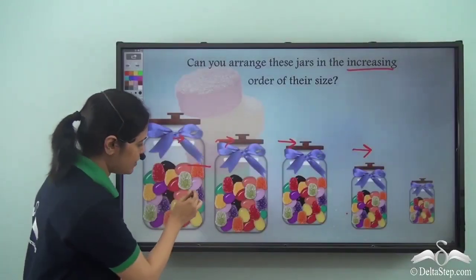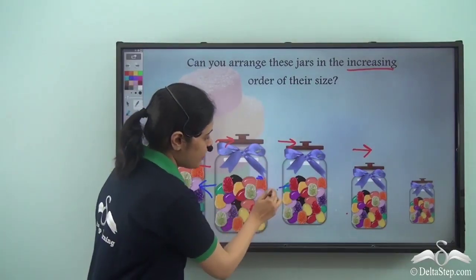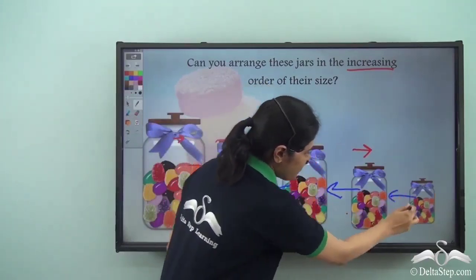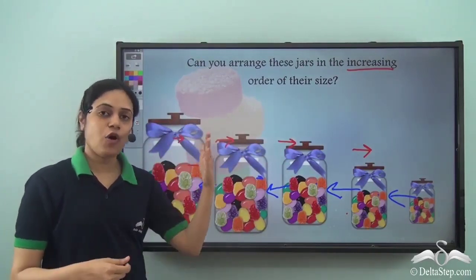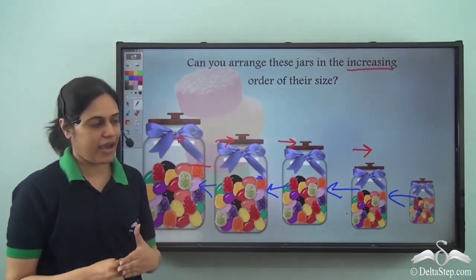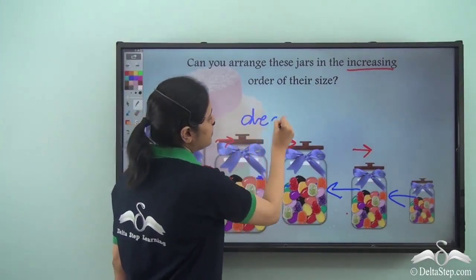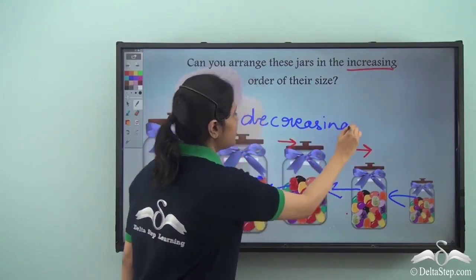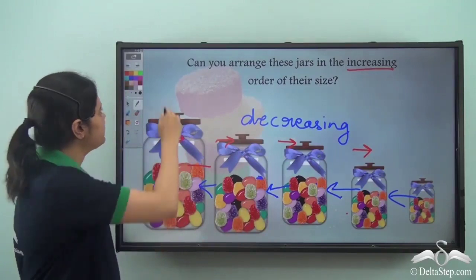So I see that this jar is bigger than this, is bigger than this, is bigger than this, and this is bigger than this. So this is like you all standing with the tallest person in the first and the shortest person at the back. So this is the decreasing order of the jars.